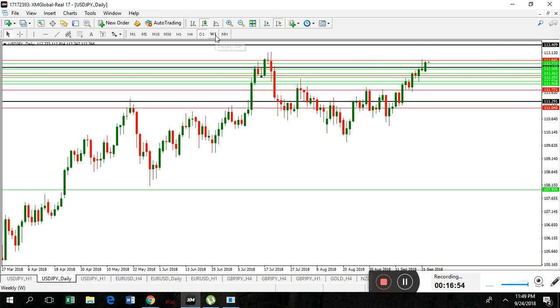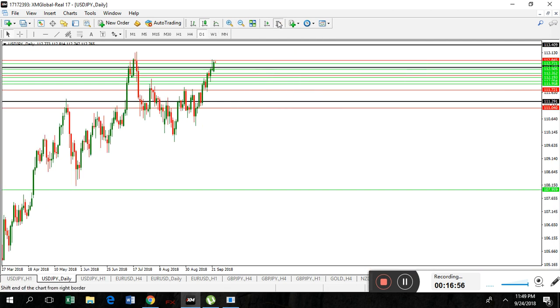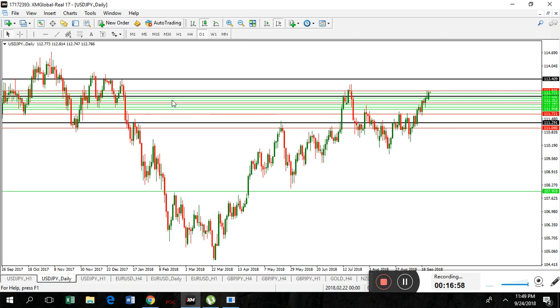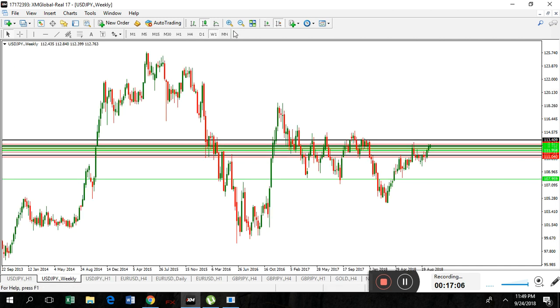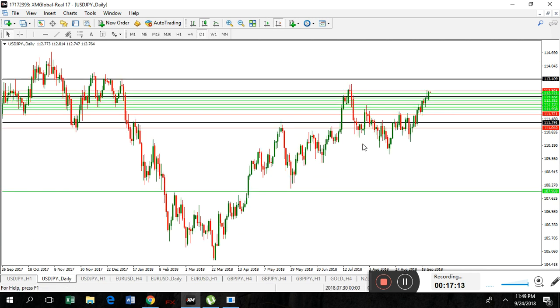Since we've already plotted our support and resistance, next we plot our trend lines. I like plotting my trend lines mostly from the daily time frame and the weekly as well, but mostly the daily time frame and the 4 hour, because it's much clearer when I look at them from there.